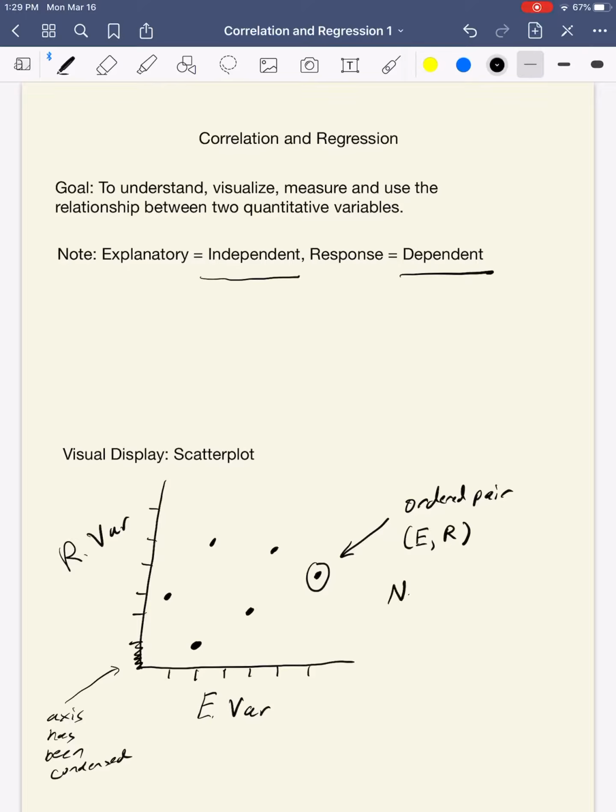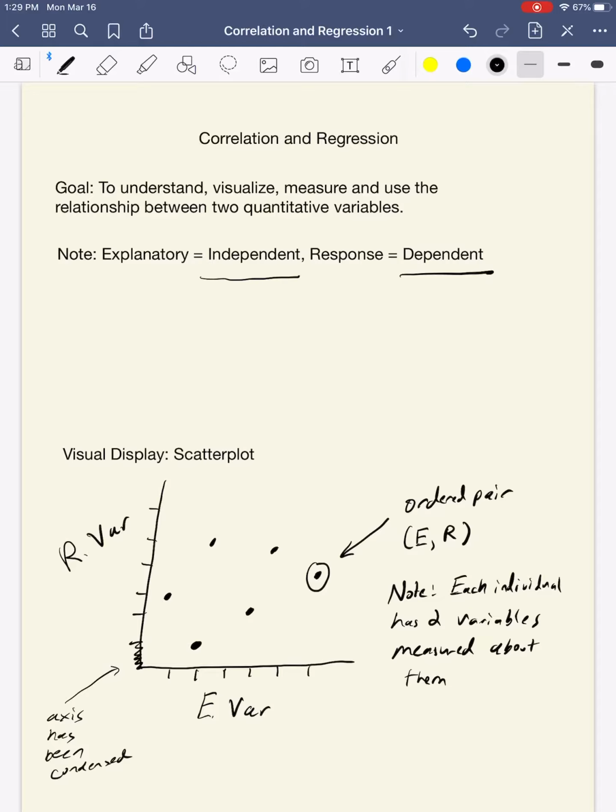So just as a note here, what you should keep in mind is that each individual has two variables measured about them. So in the data sets that we're going to be having here, every individual in the sample or the study is going to have two values recorded about them, one for the explanatory and one for the response. So that's the idea of a scatter plot.